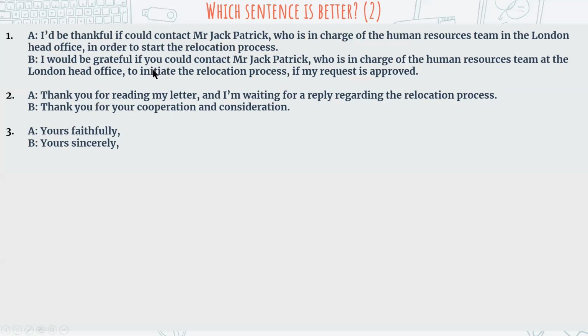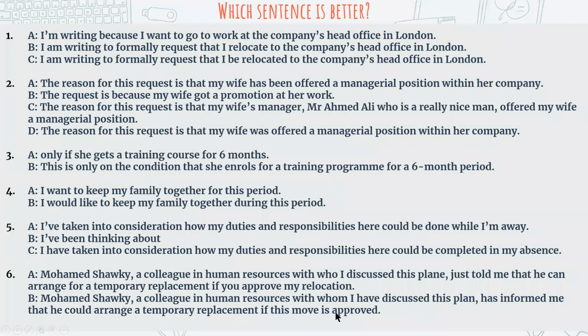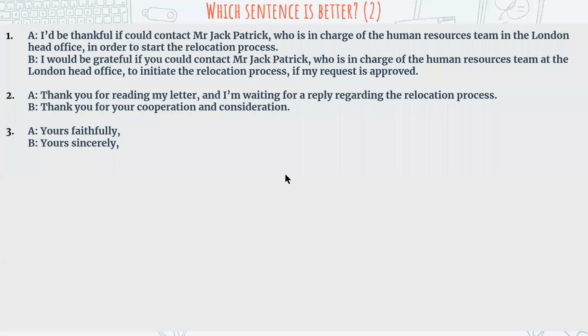This is also a formal word. It means to begin or start something. Initiate the relocation process if my request is approved. Actually, if my request is approved sounds like if this move is approved. So this is a repetition and we should avoid repeating ourselves.